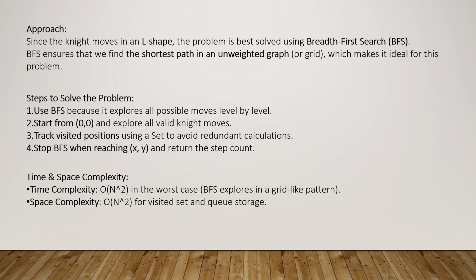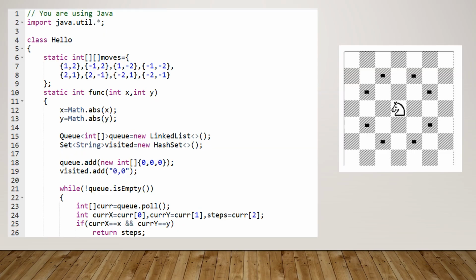BFS is best for search because I have to keep track of visited points, and also check if my current point is equal to the given point in the question. The time and space complexity is order of n square because we use two loops inside it.